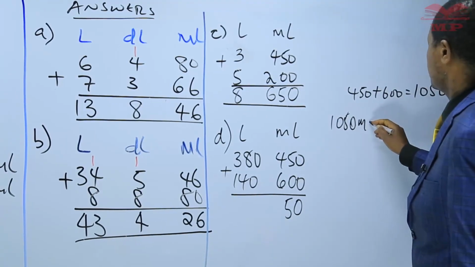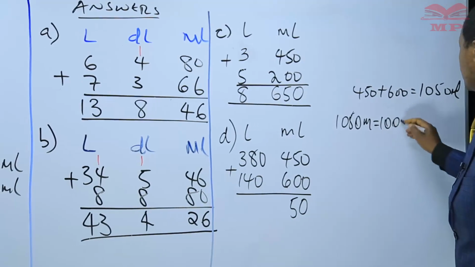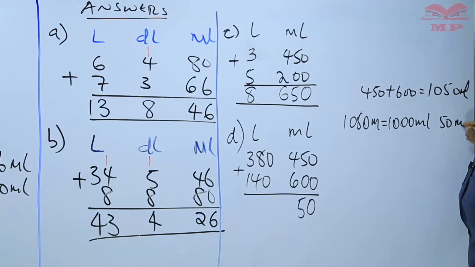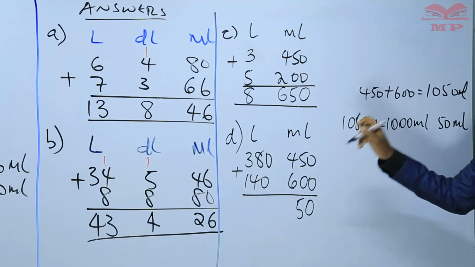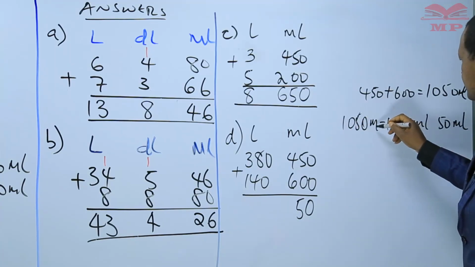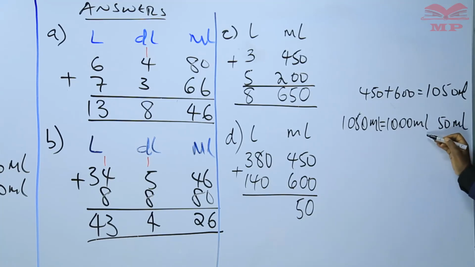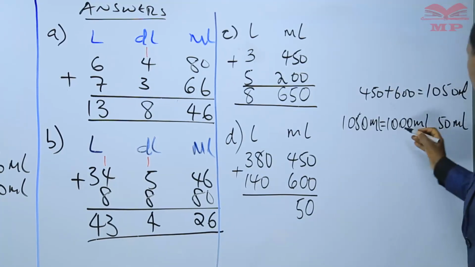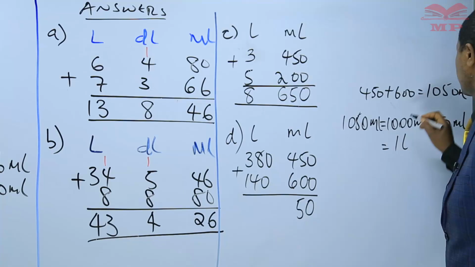Now 1,050 milliliters is the same as writing 1,000 milliliters and 50 milliliters. Learners, we know 1,000 milliliters is equal to 1 liter.